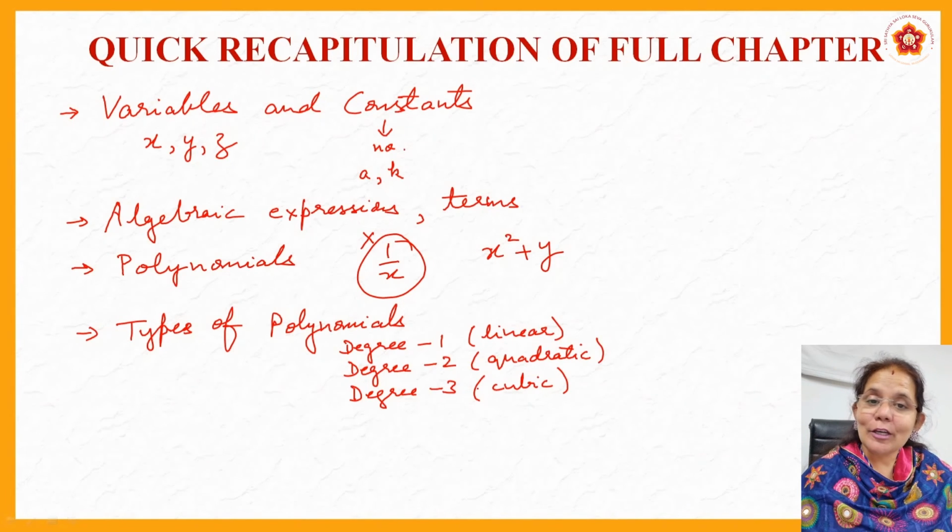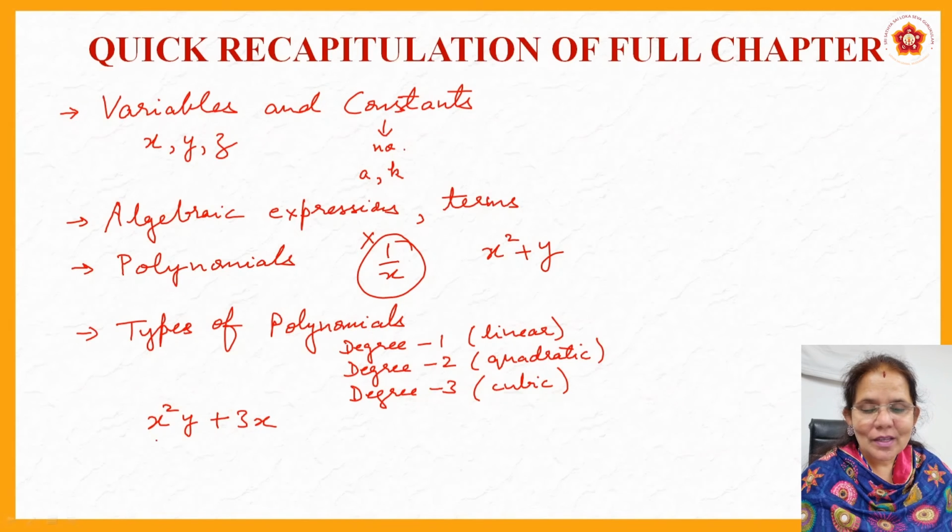And I hope that the degree of the polynomial is clear to you. Suppose you are given a polynomial x square y plus 3x. First of all, how many variables are there? There are two variables here, x and y. What is the degree? This term has got degree 2 plus 1. Degree is 3. So degree of the polynomial is the degree of that term which has got the highest value.